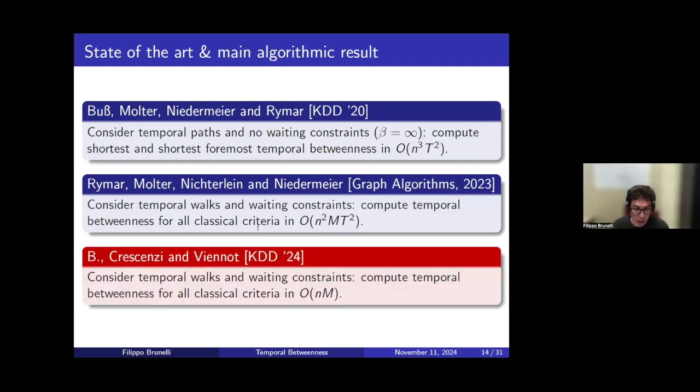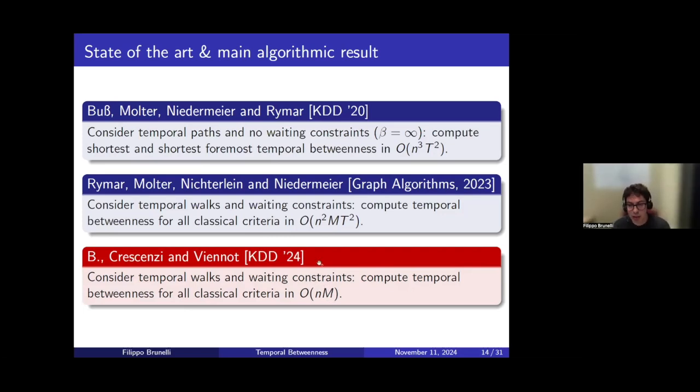And here we have our results from KDD 24. Basically, what we managed to do is, when we consider waiting constraints and thus work with temporal walks, we can compute the betweenness of all vertices for all the classical criteria in NM, where M is the number of temporal edges.